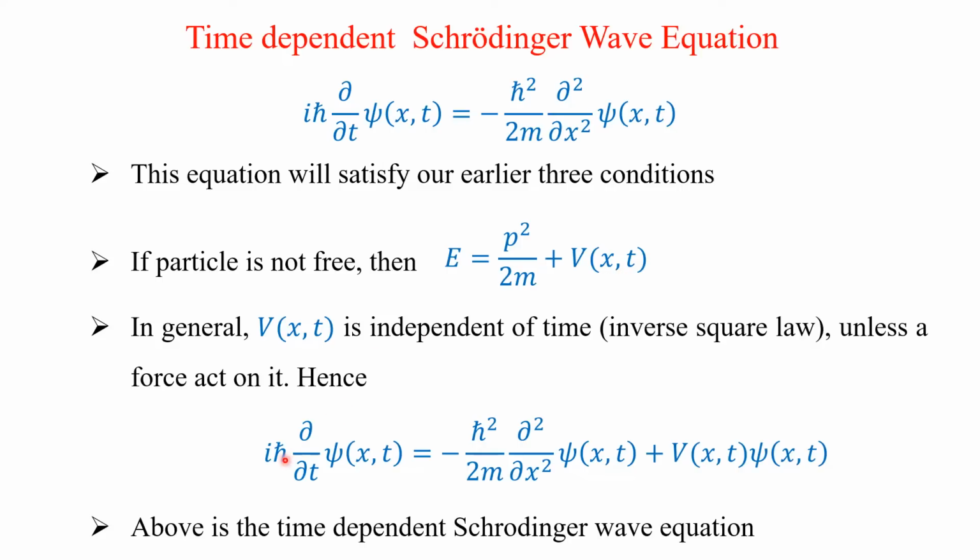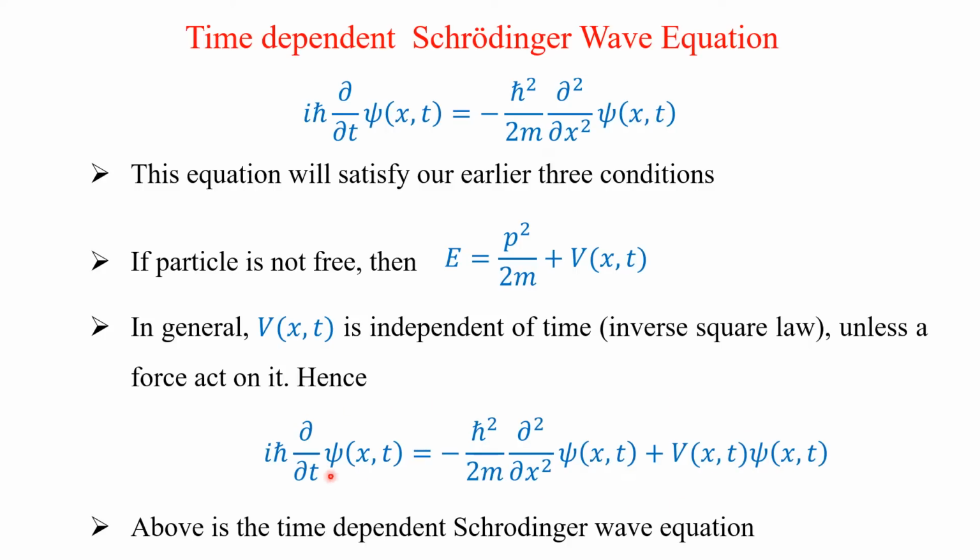If you add this potential also, you will get i h cross first order time derivative of psi equals minus h cross squared over 2m second order position derivative of psi plus V(x,t) psi(x,t).